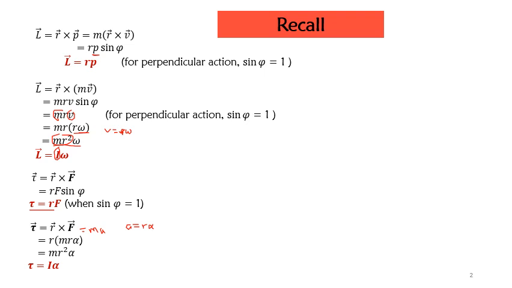So you substitute that, and the final expression is m r squared alpha. Likewise, because m r squared can be taken as the moment of inertia, we have tau equals the moment of inertia times alpha.